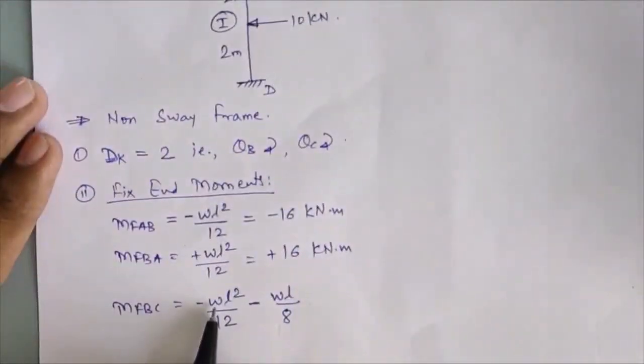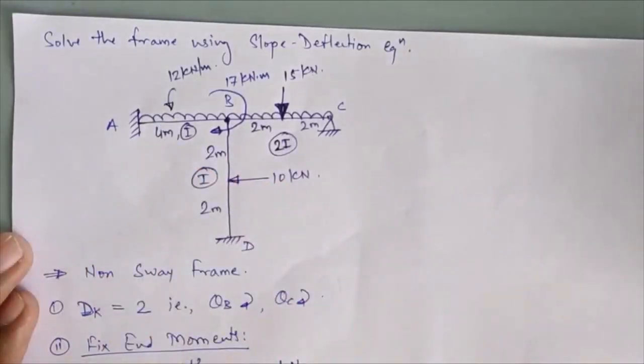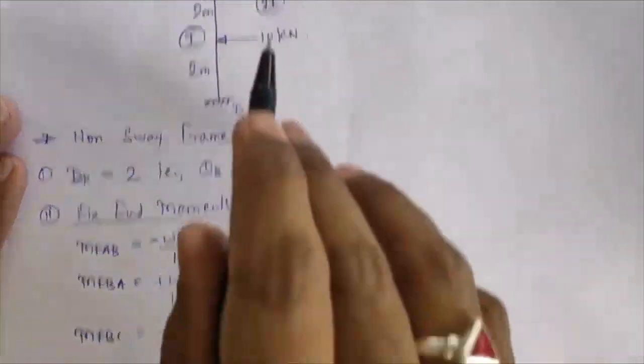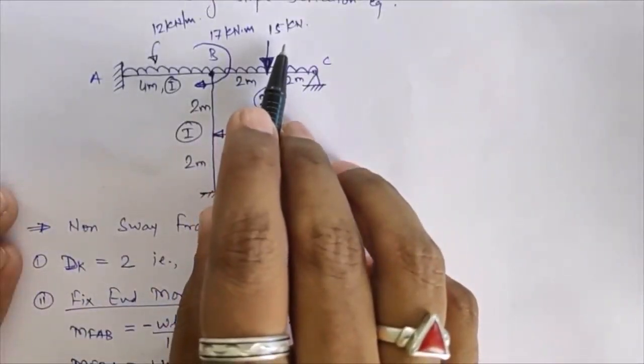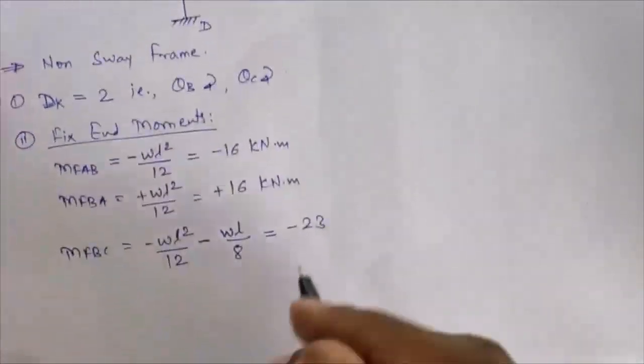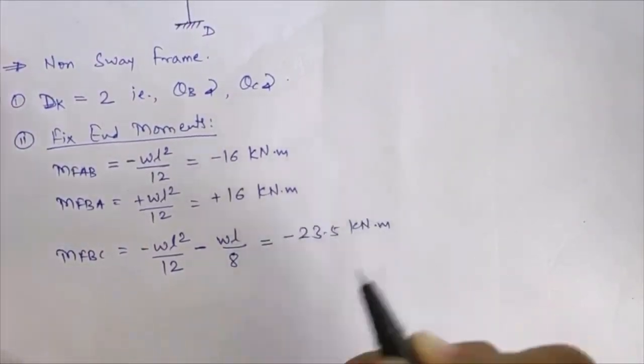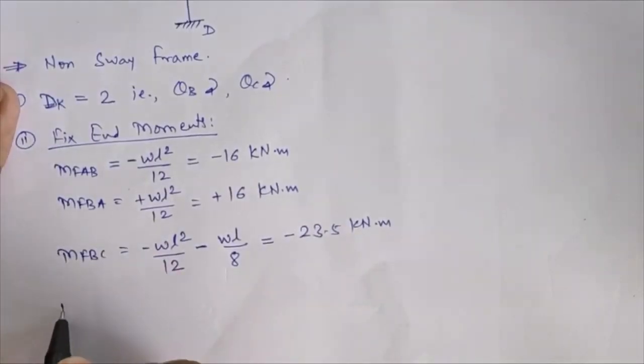Here W is the UDL intensity, that is 12, and for the point load W is the point load intensity, equal to 15. If you calculate this value, you will get minus 23.5 kN meter. And the next one we'll see is MF CB.